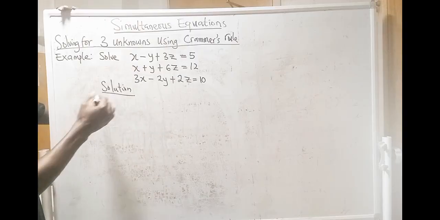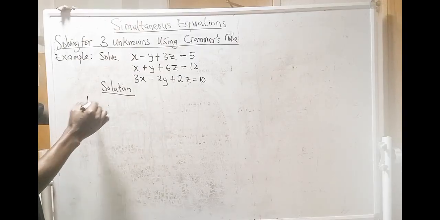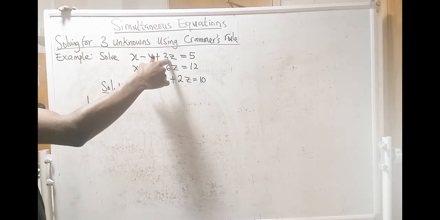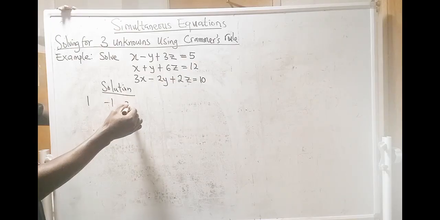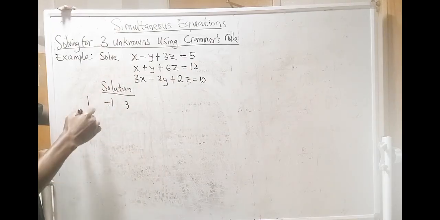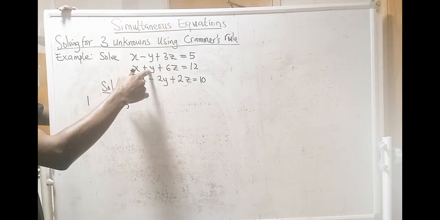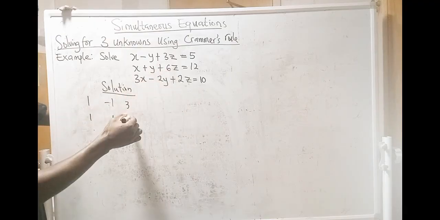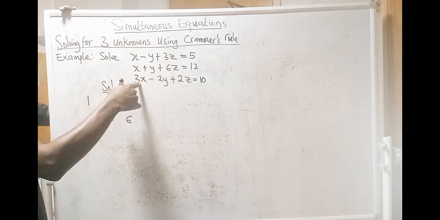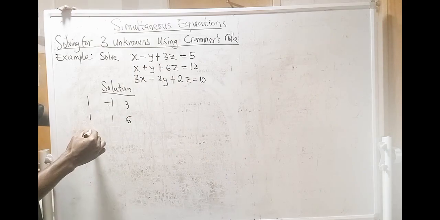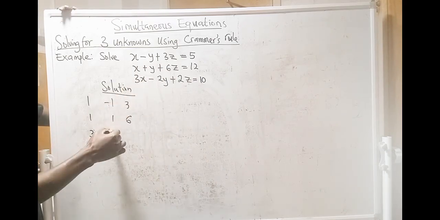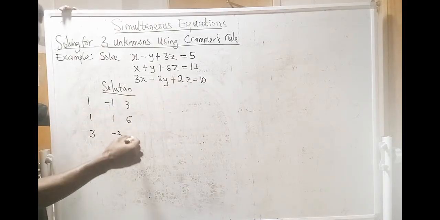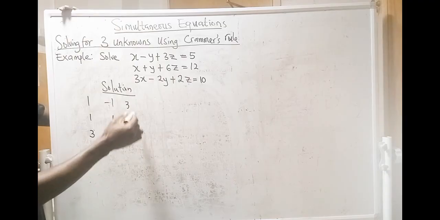Here we have 1 for x, here we have -1 for y, and here we have the coefficient of z to be 3, and here we have the coefficient of x to be 1, here we have the coefficient of y to be 1, here we have the coefficient of z to be 6, here we have the coefficient of x to be 3, the coefficient of y to be -2, and the coefficient of z to be 2.